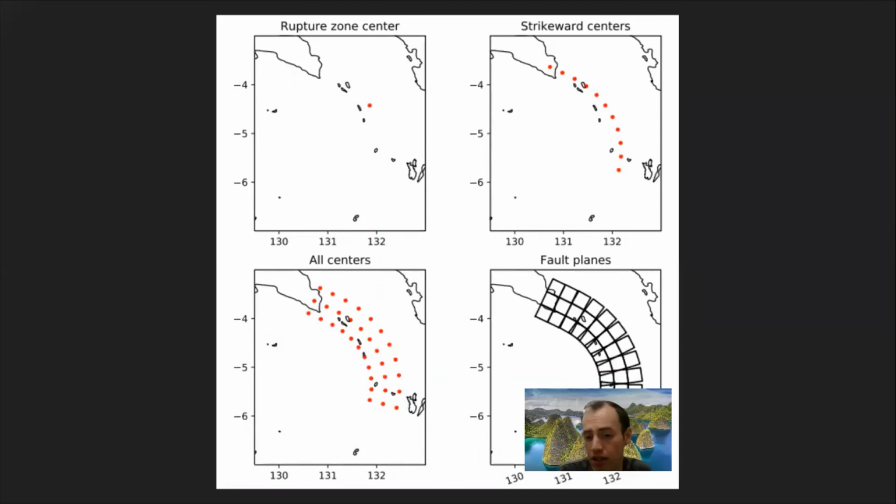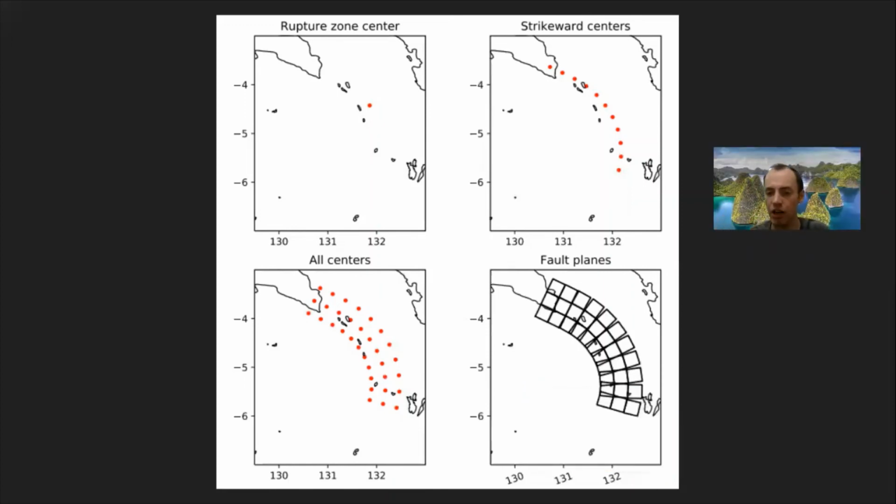But especially in several of the tsunamis that we've modeled, the actual fault interface is curved. And so we have to do something called subfault splitting. We'll return to this when we look at the code, because we have some specific functions that allow us to do this. We choose our epicenter point, which we'll put right there.